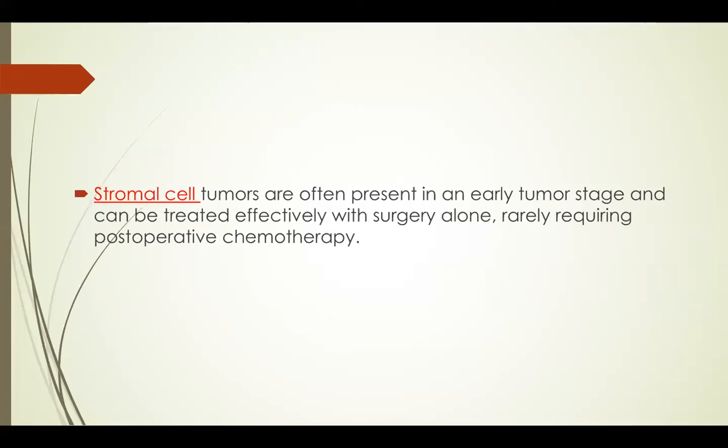The patients can present with precocious puberty, abnormal breast enlargement, precocious thelarche, or virilization symptoms, because as we said before, sex cord stromal cells are mainly hormone-producing, and they rarely require post-operative chemotherapy. This is for the children, and mainly when we talk about children, we talk about germ cell tumors.